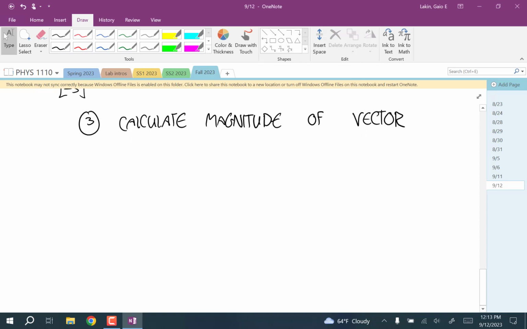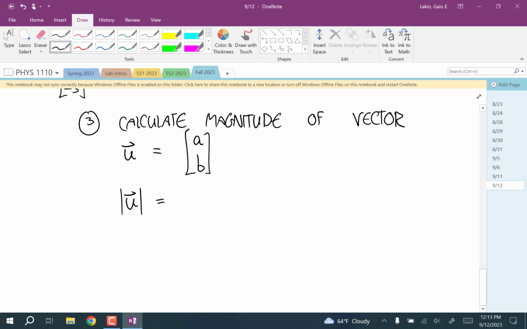So to do that, if we call this vector u, that's equal to, let's say, (a, b), okay? The notation for the magnitude of this vector is the absolute value of the vector.